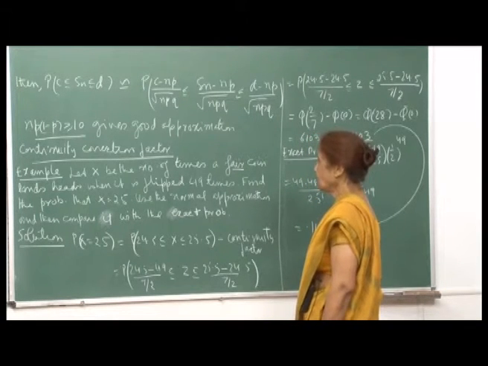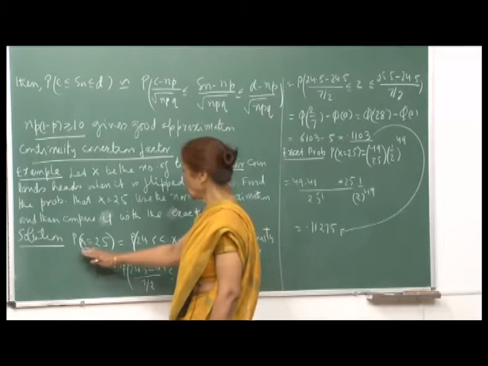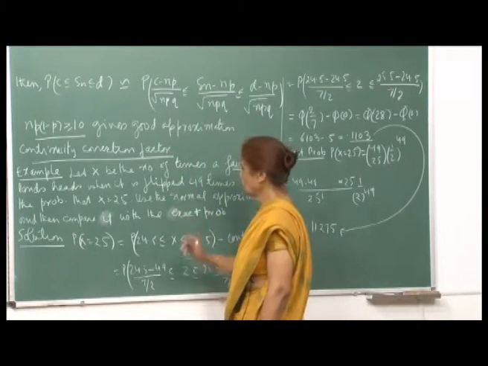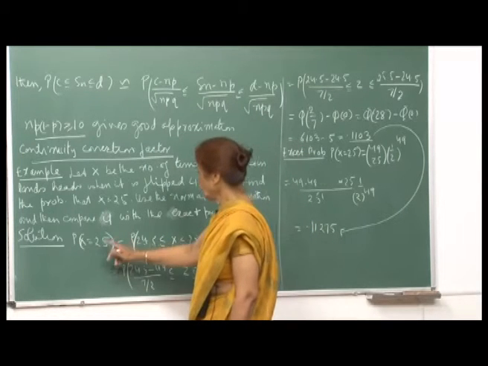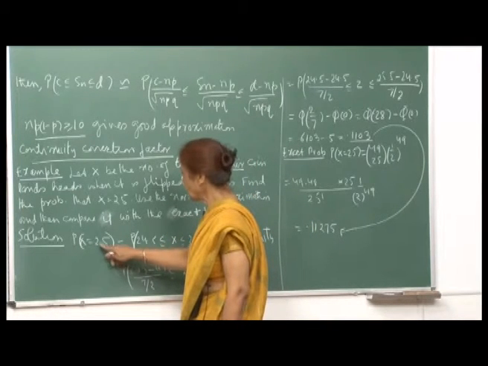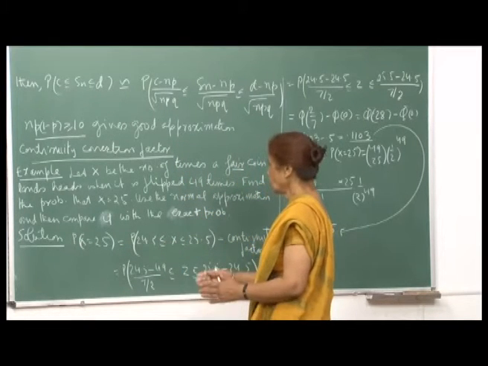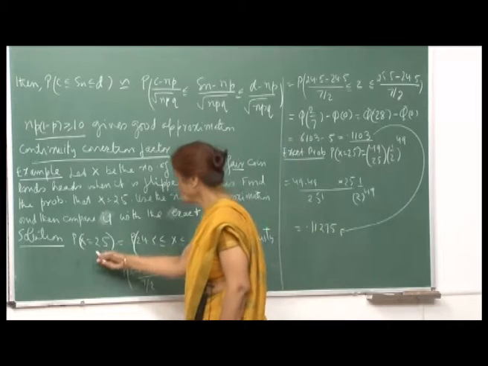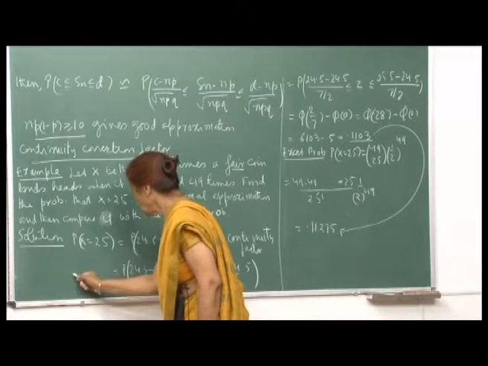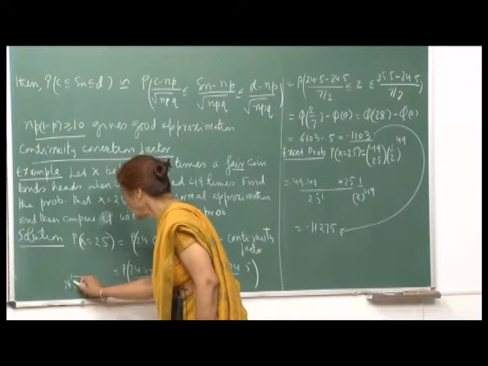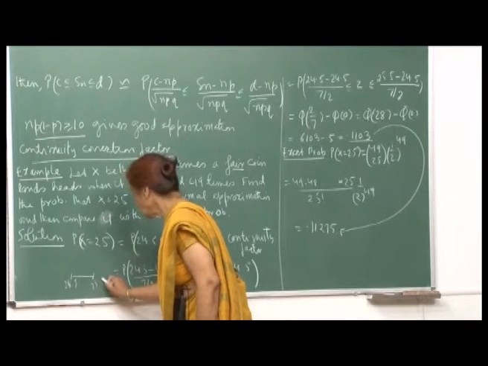Okay. So, I want to compute the probability x equal to 25, and as I just discussed with you, since this is a binomial random variable, you are trying to approximate it by a normal distribution. The bar when x equals 25 starts from 24.5 and ends at 25.5.